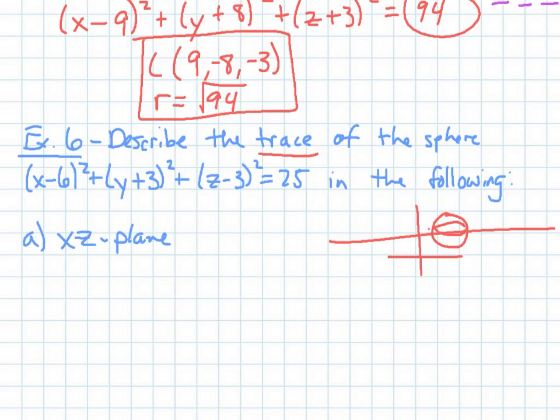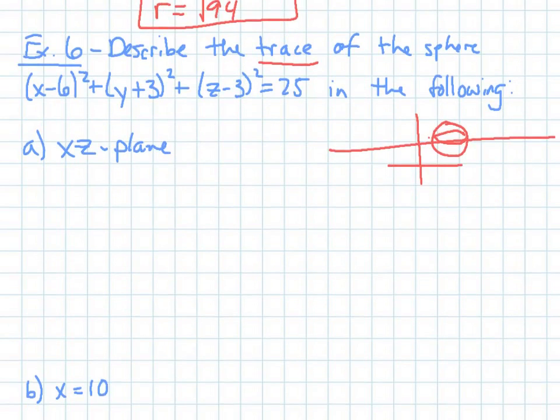So a sphere's trace is going to be a circle. It's almost like we take out one of the variables and see what we're left with. If I have the xz plane, what variable is missing? Well, x is there, z is there, but no y.